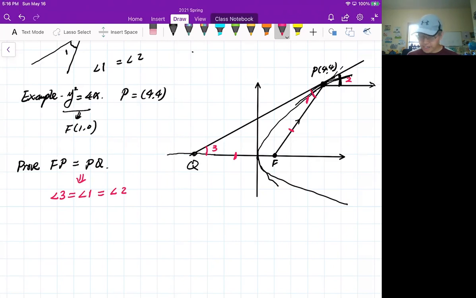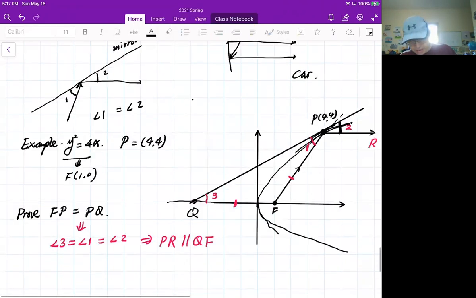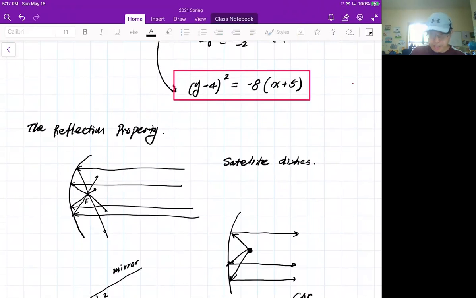But if angle 2 equals angle 3, that means that the two lines are parallel because the two angles are corresponding angles, right? So that shows that PR is parallel with QR. And that just proves the property here.